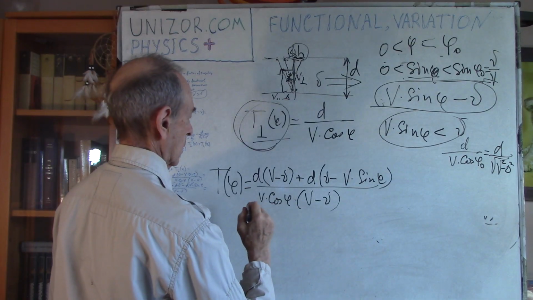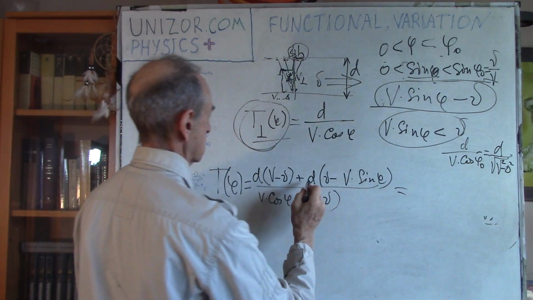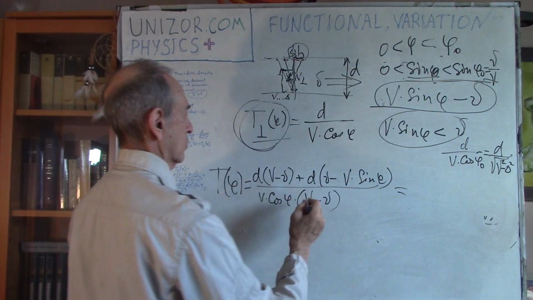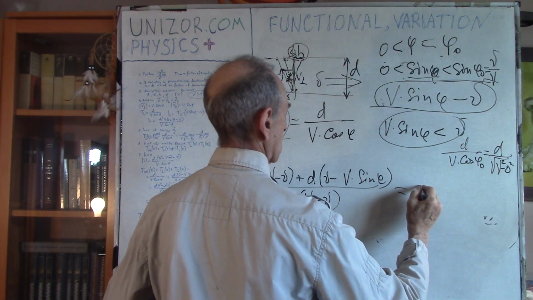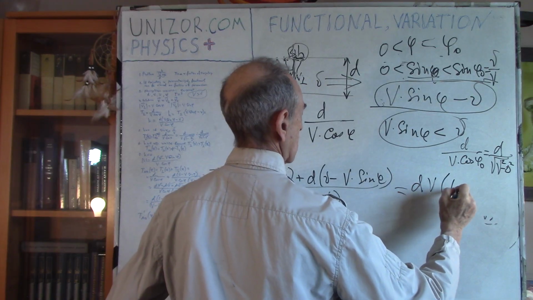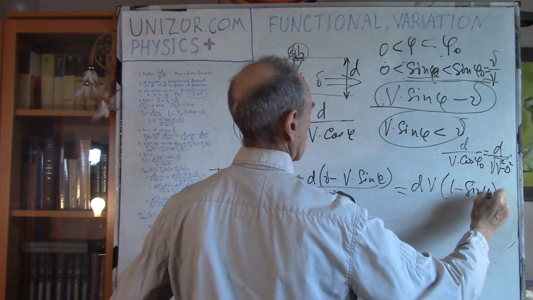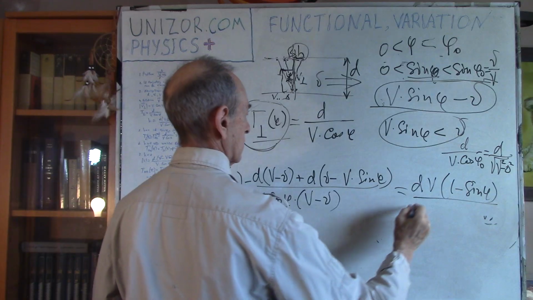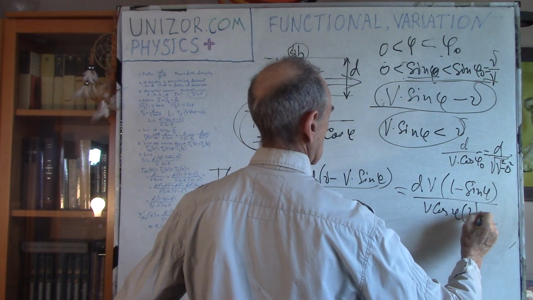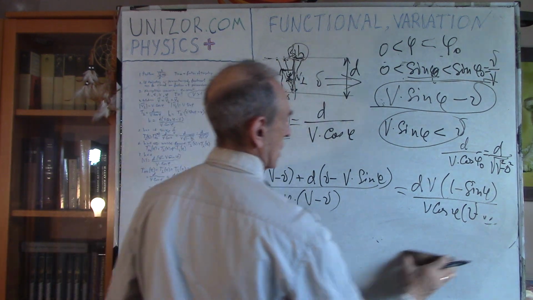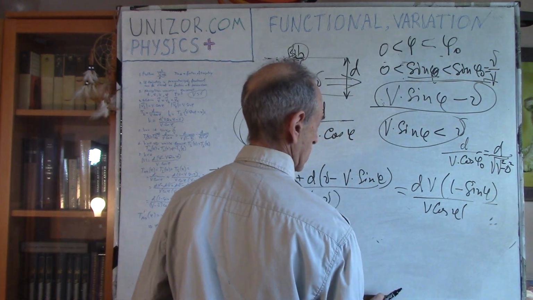Well, now obviously this is dV, and minus dV would be only dV, so it would be dV times 1 minus sine phi divided by V cosine phi, V capital minus lower.